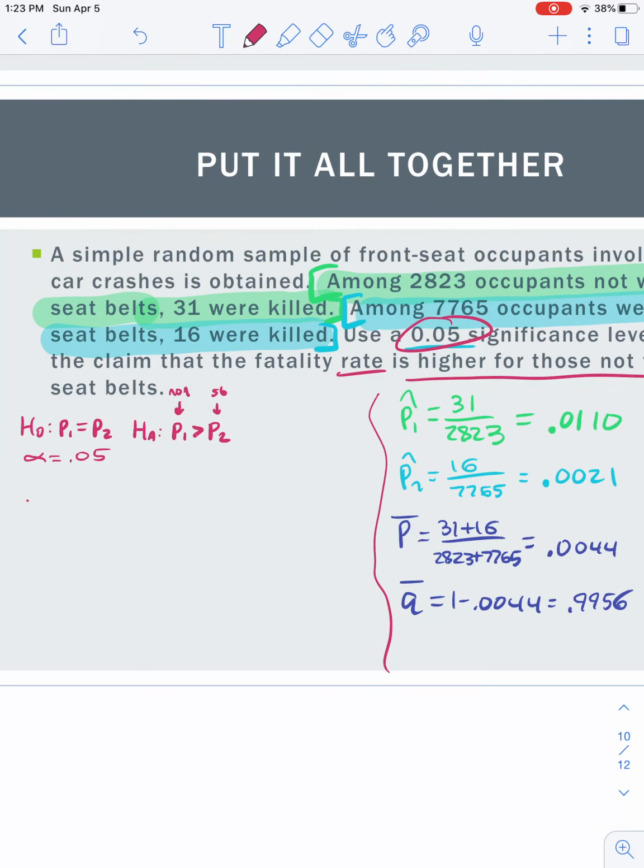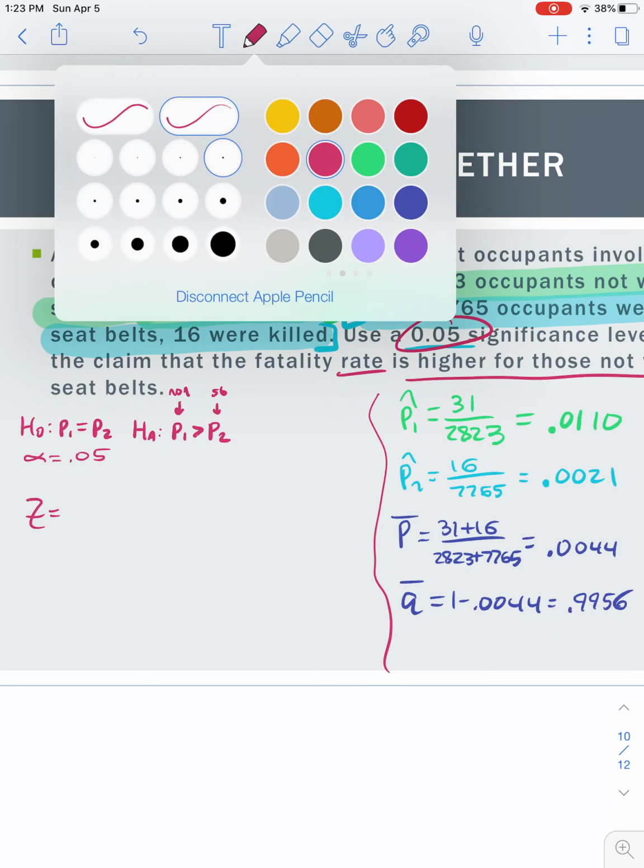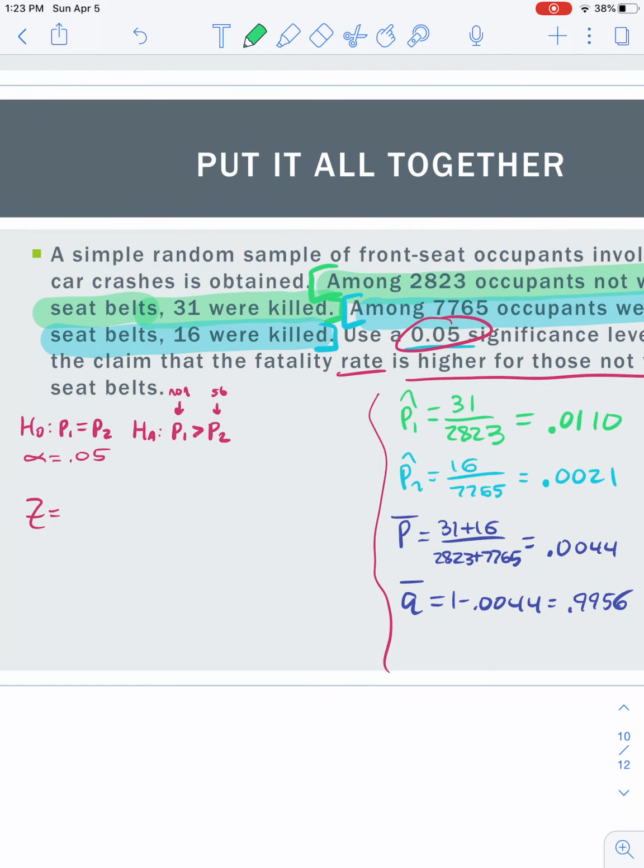So my Z equals P1 hat minus P2 hat, so 0.0110 minus 0.0021.